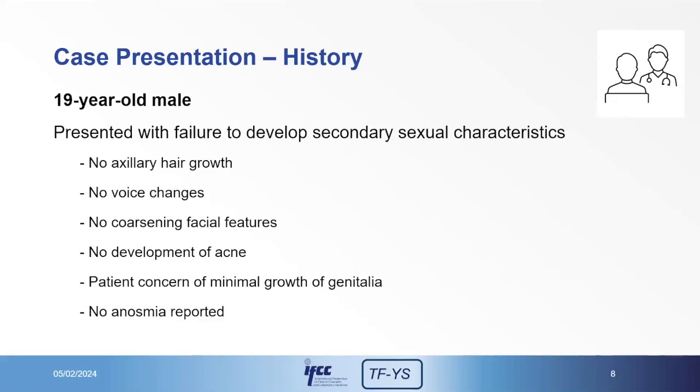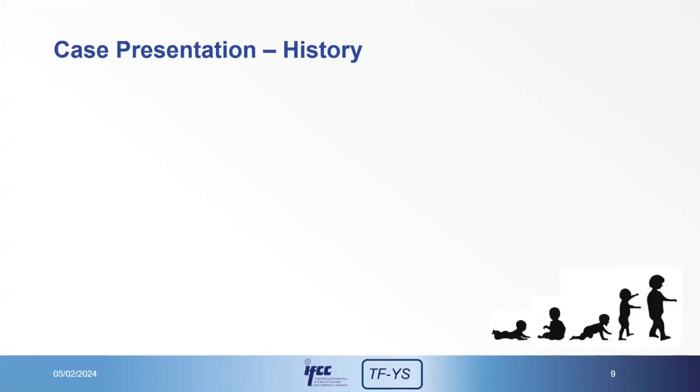On inquiry from the patient, he confirmed that he had no axillary hair growth, no voice changes, no history of coarsening of his facial features, no development of acne, and he had the concern of minimal growth of his genitalia. He also reported no anosmia, where anosmia is the inability to smell.